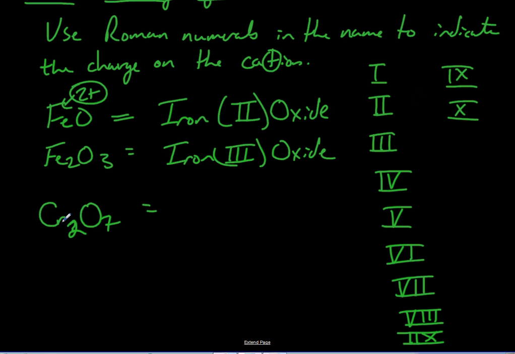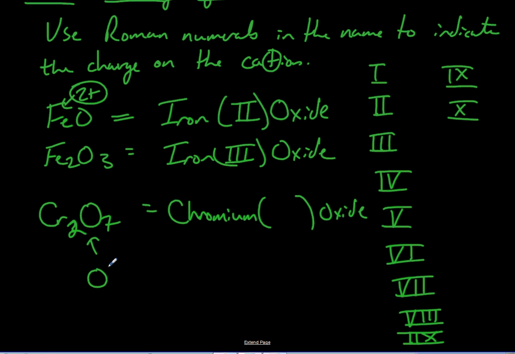So if I take a look over here, if I want to name this, well, I know it's chromium. And I know it's a transition metal, so I know that chromium is probably going to have more than one state. So I'm going to have to say what the charge on chromium is. But I've got to figure it out first, right? How am I going to figure that out? How many oxygens do we have?